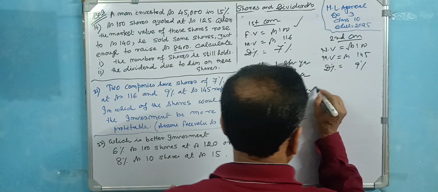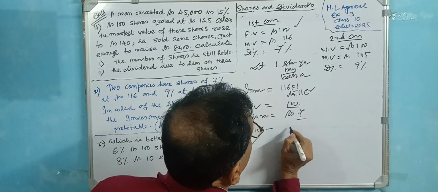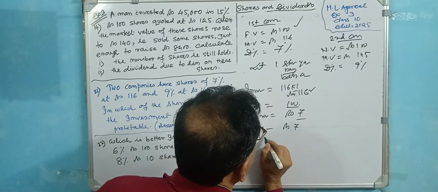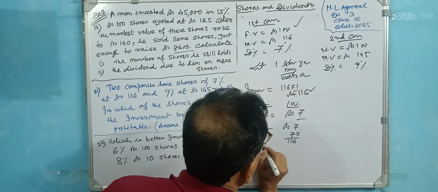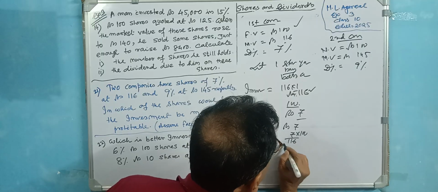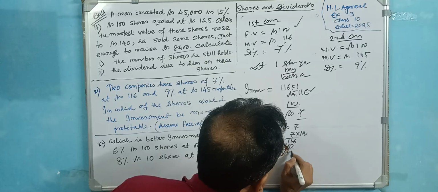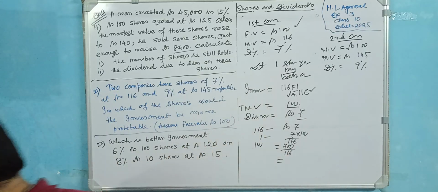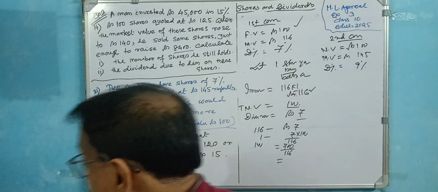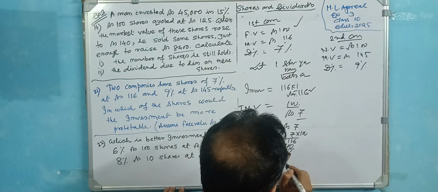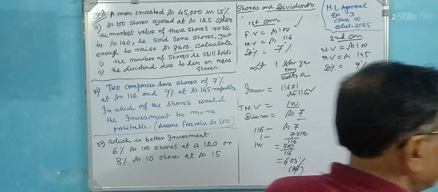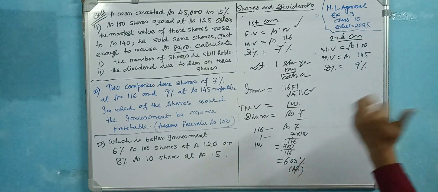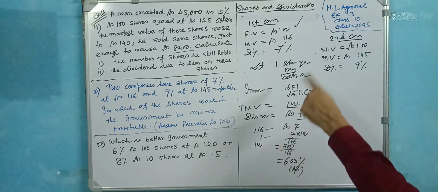Actually you invest 116 and you get 7, on 100. What is the percentage of return? This is 700 by 116. The calculation is 6.03% approximately. Okay. This is the percentage of return if you invest in one share of the company.